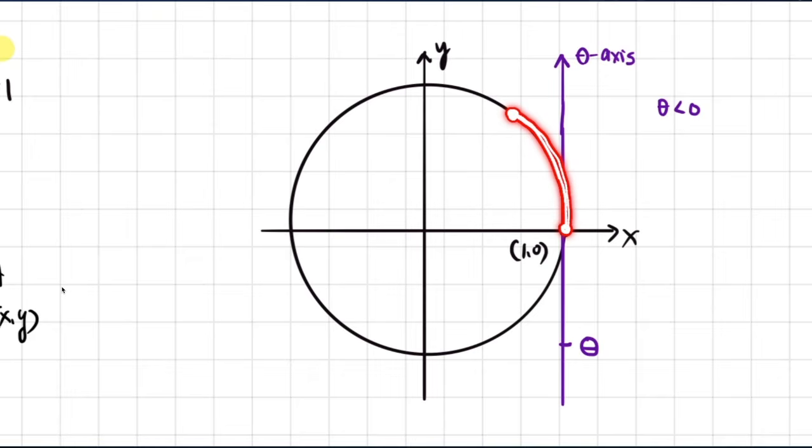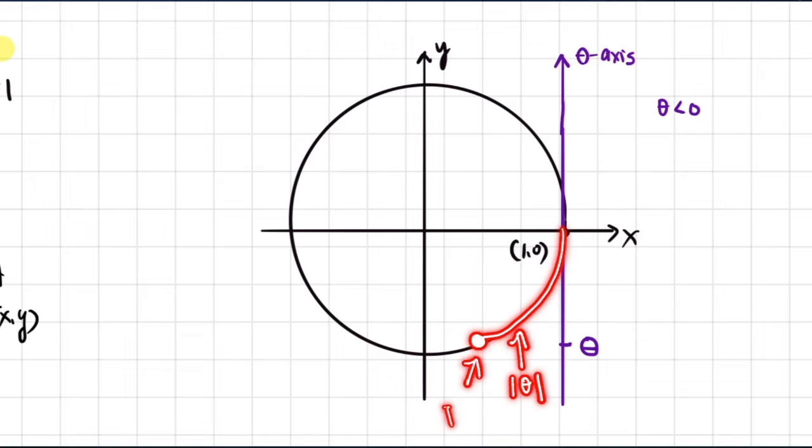Tapos, you measure counterclockwise if theta is positive, and you measure clockwise if theta is negative. So, the length of this is absolute value of theta. Ito yung P of theta.